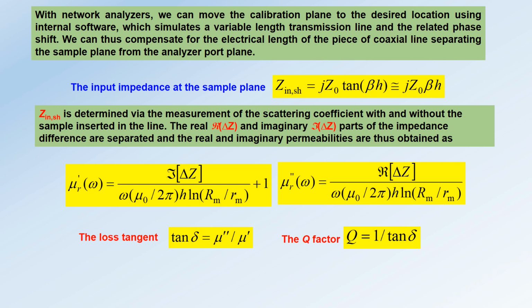They are related to the geometrical parameters of the toroid, the external and internal radius, and the height of the toroid. The loss tangent is usually expressed as the ratio between imaginary and real permeability, and the Q factor is the inverse of the loss tangent.